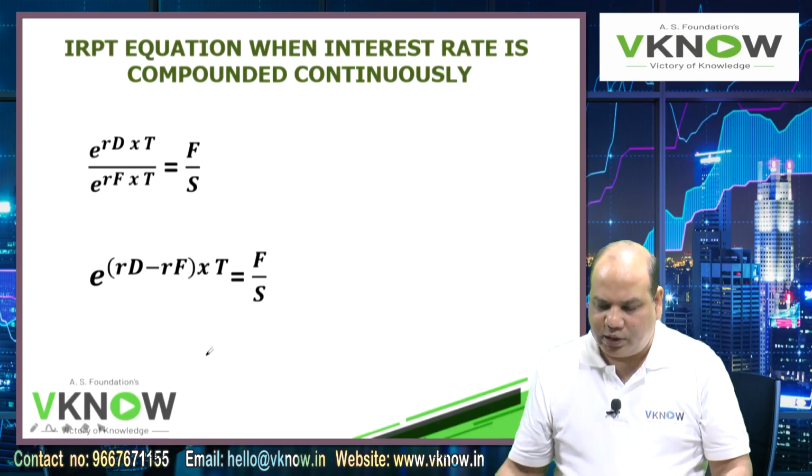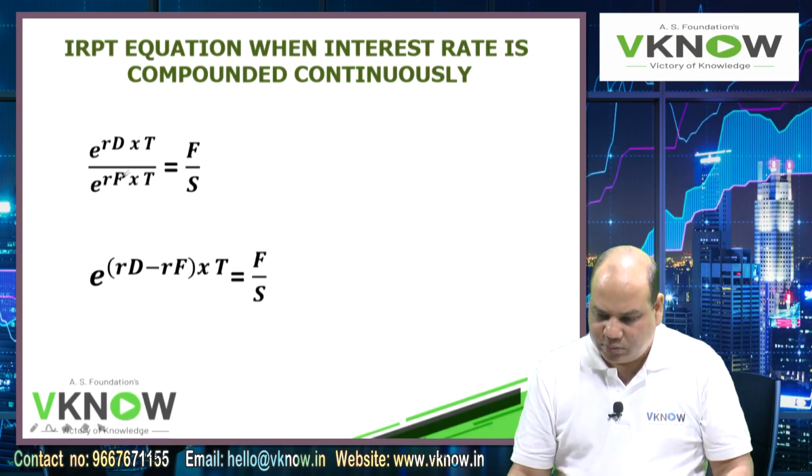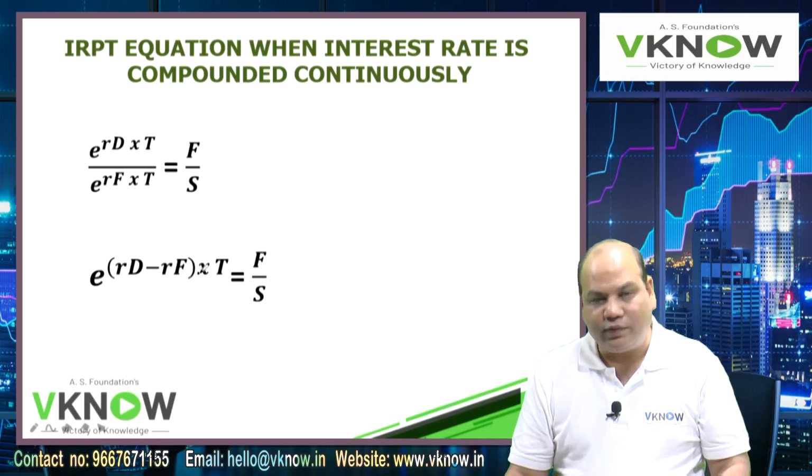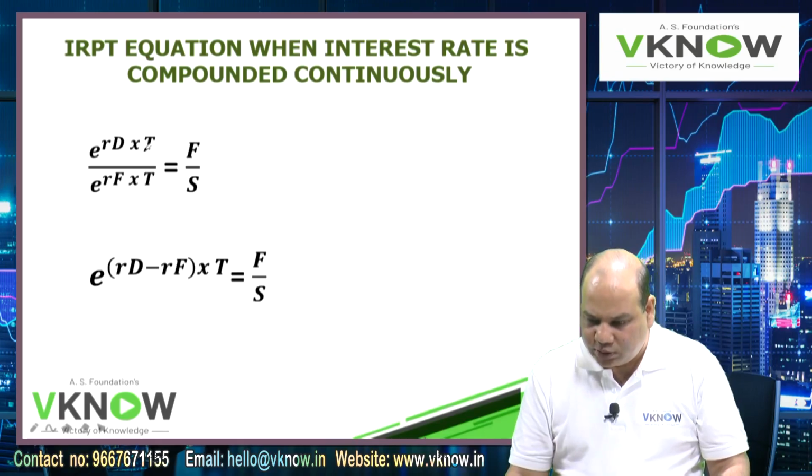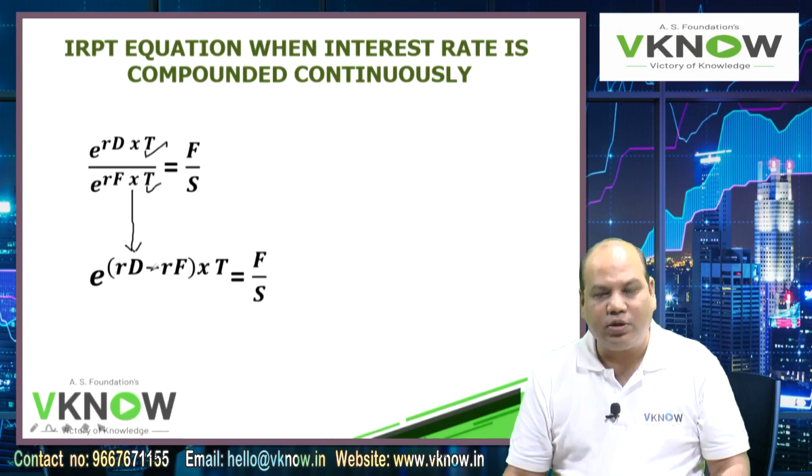This can be simplified also, because in mathematics, if e to the power rd into t is divided by e to the power rf into t, so what is common? t. This can be mathematically written like this: e to the power (rd minus rf) into t equal to f by s.